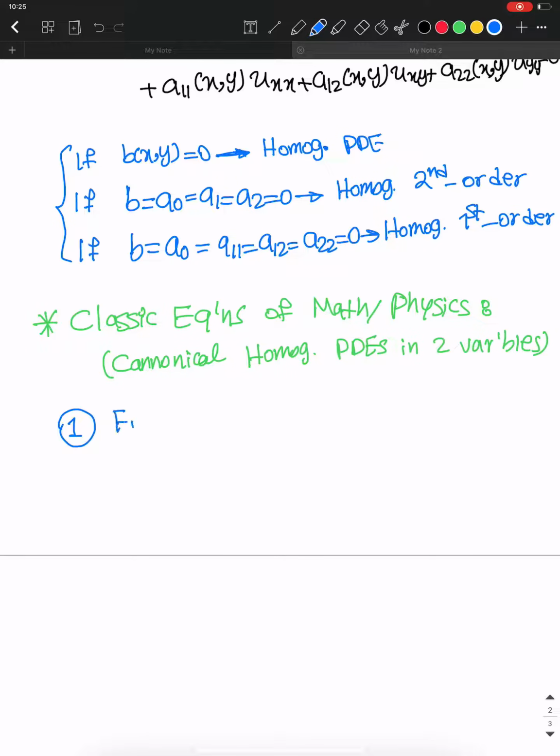The first one is the first order advection equation. When we talk about advection, you should always remember this equation.